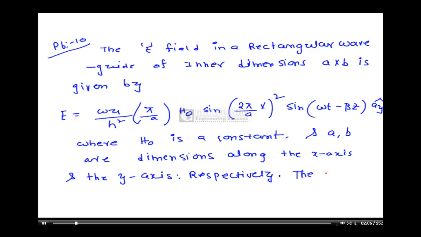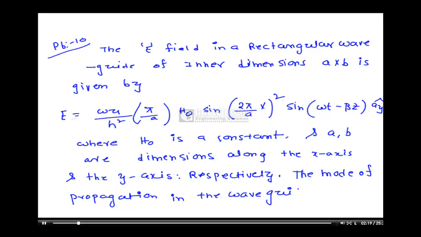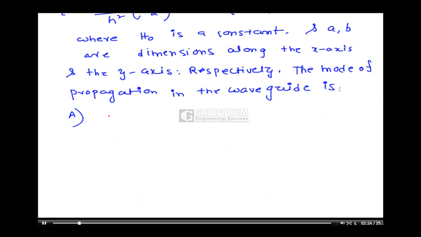The mode of propagation in the waveguide is: option A, TE20; option B, TM11; option C, TM20; option D, TE10.